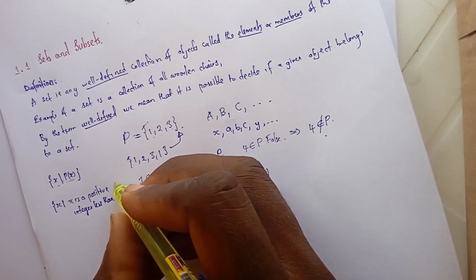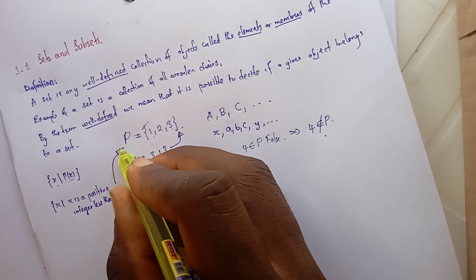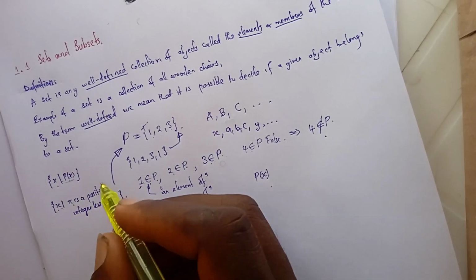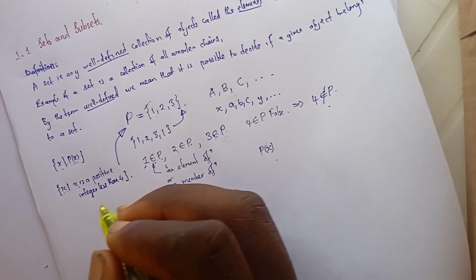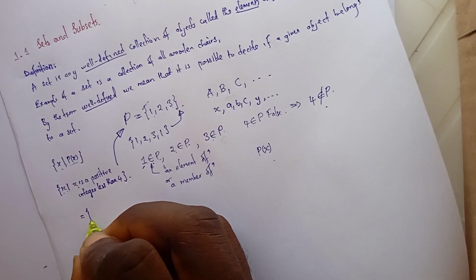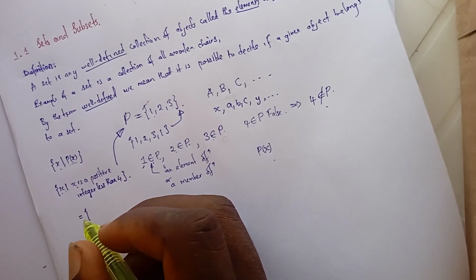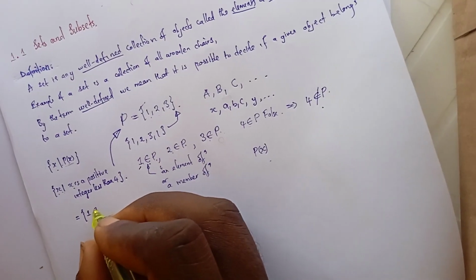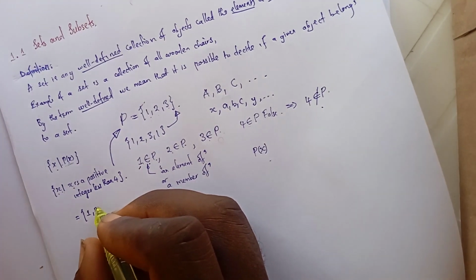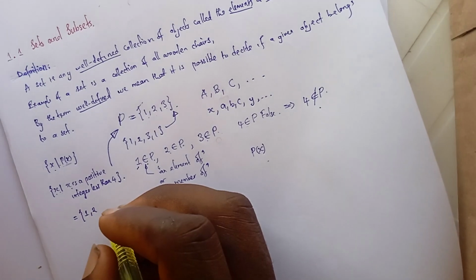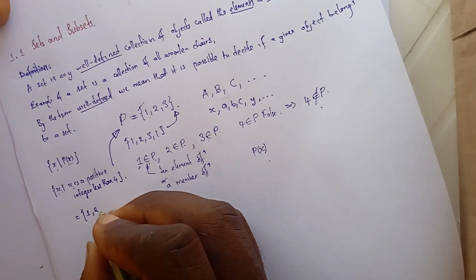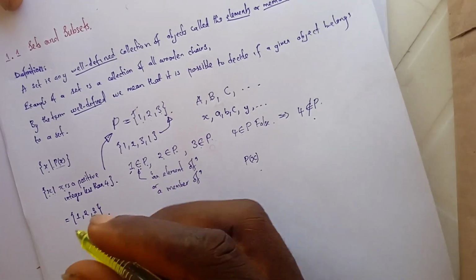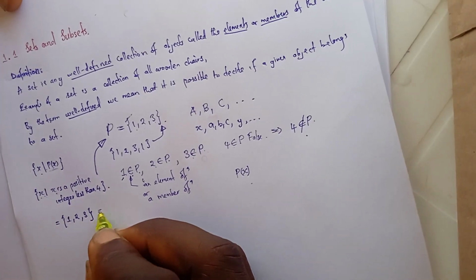That boils down to the set P, because the set of all X such that X is a positive integer less than 4 means we are going to have a set of only the integers 1, 2, 3. Which is P.